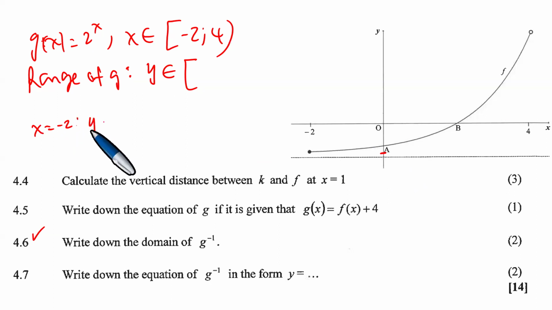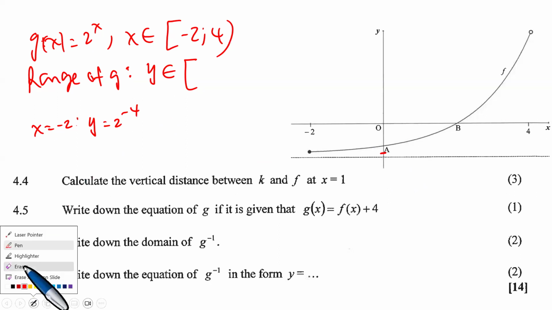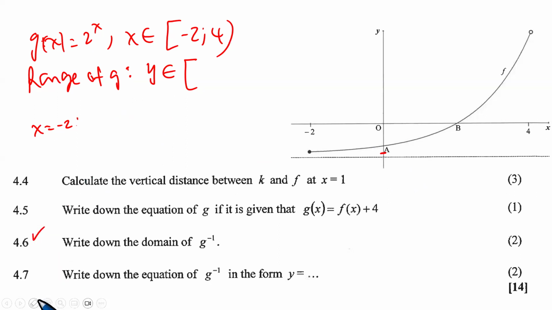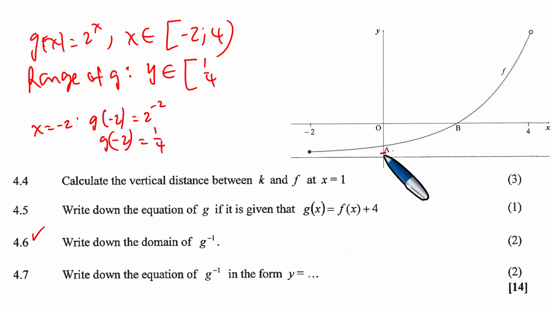So g at -2 is 2 to the -2, which is 1 over 2 squared, which is 1 over 4. So the range is going to start at 1 over 4 here.